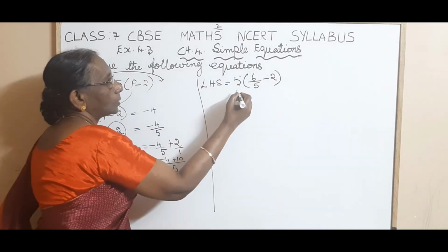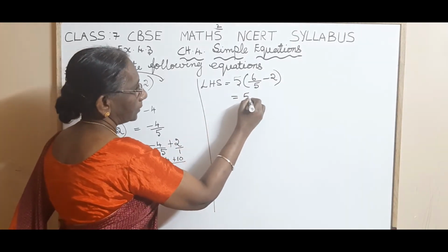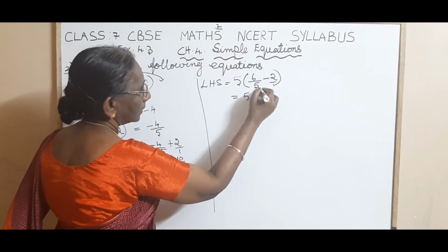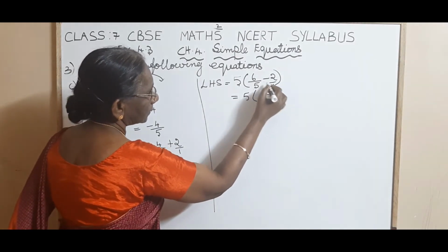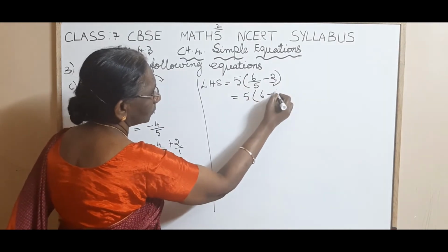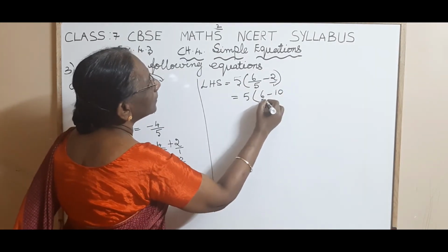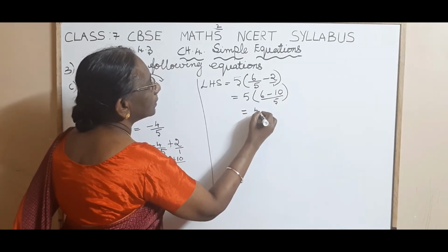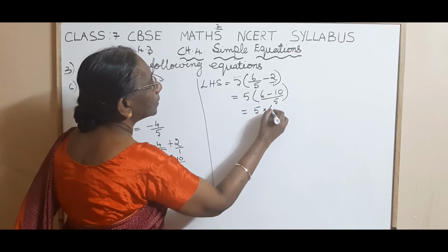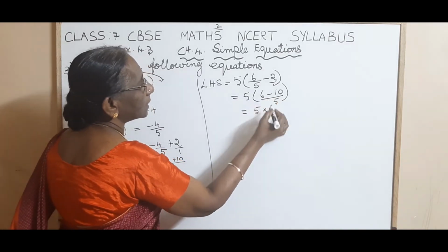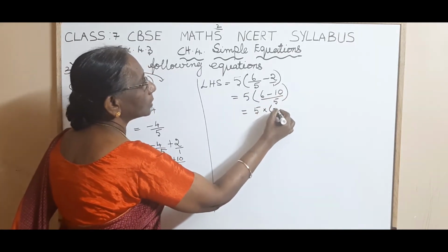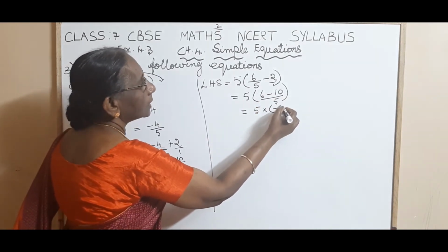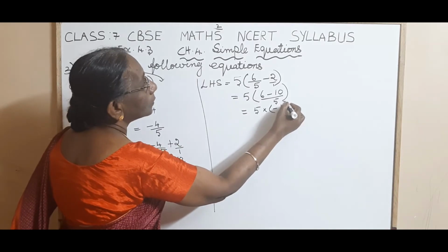So that is equal to 5 into 6 minus, as usual, 1. 5 1s are 5, 1 6s are 6, minus 5 2s are 10 by 5. That is equal to 5 into minus 10 plus 6. More negatives, so the answer will be negative. 10 minus 6 is 4 by 5.